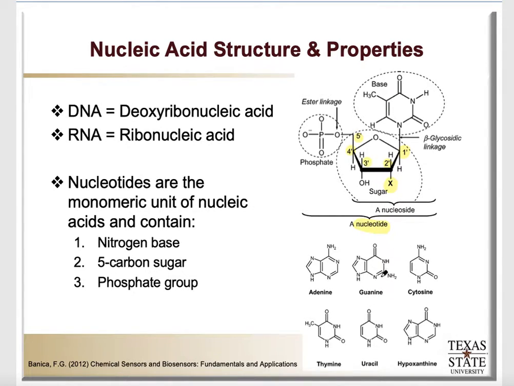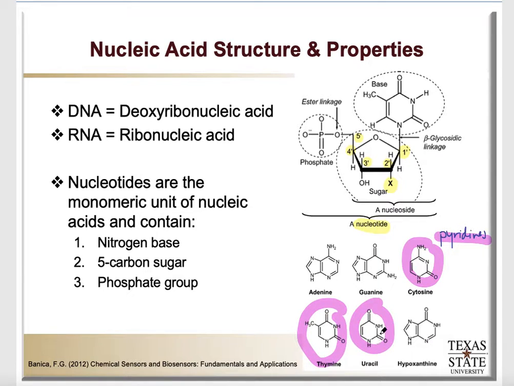Now, coming back to the bases down here, you can see that there are some similarities between them. We're going to have two main types of bases. Some of them are called pyrimidines. Let me see if I can highlight them with a specific color. Pyrimidines are going to be this one and this one.